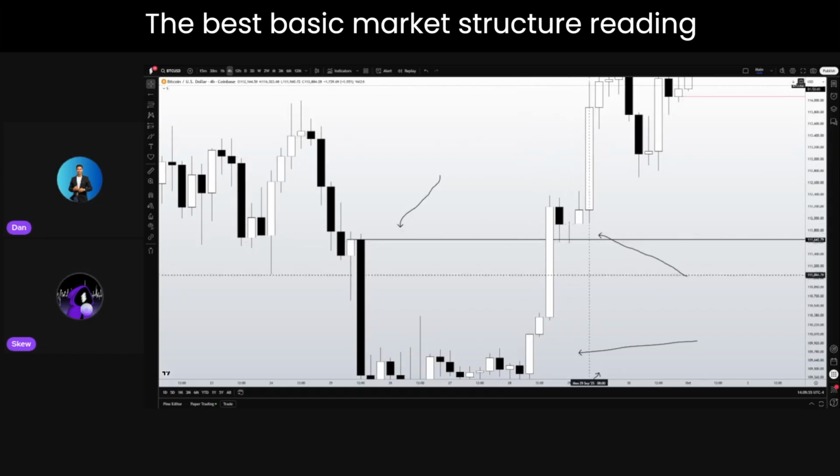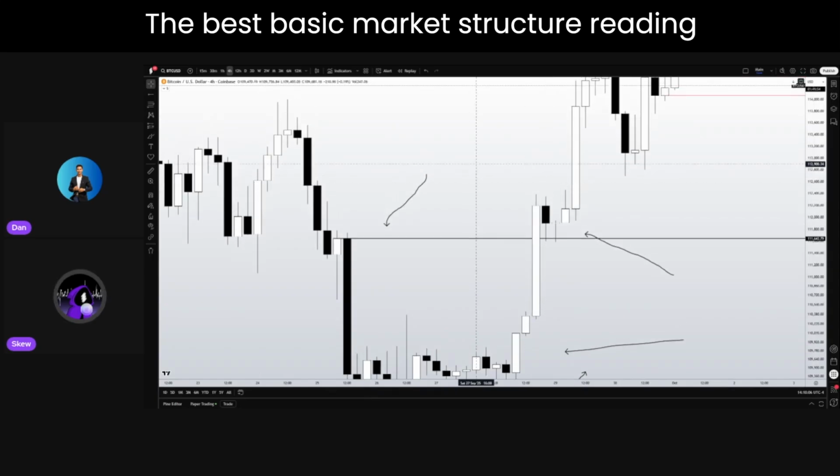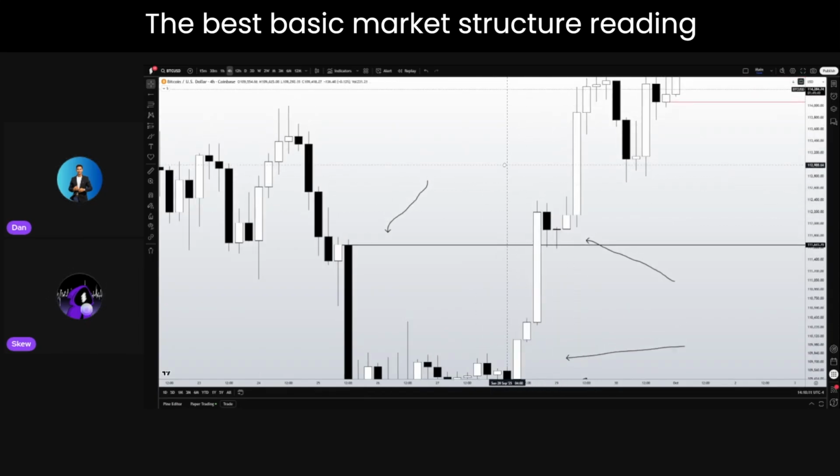Technically speaking, even though on 4 hour it looks like a tiny consolidation, where it's like 4, 8, 12, it's about a 12-hour consolidation, which really isn't that much. This could be called a higher low as well.